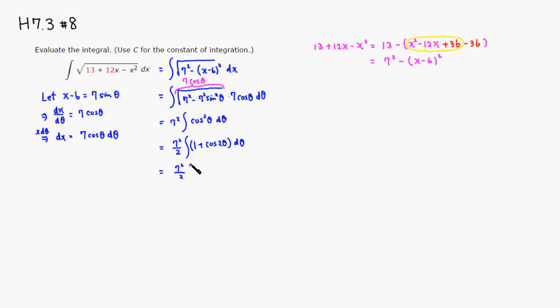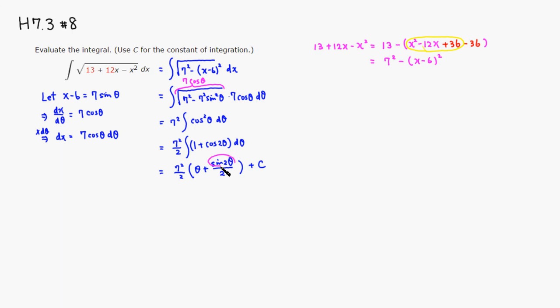Then the antiderivative of 1 with respect to theta is theta, and the antiderivative of cosine of 2 theta is sine of 2 theta over 2. Then we're going to have plus some constant c.